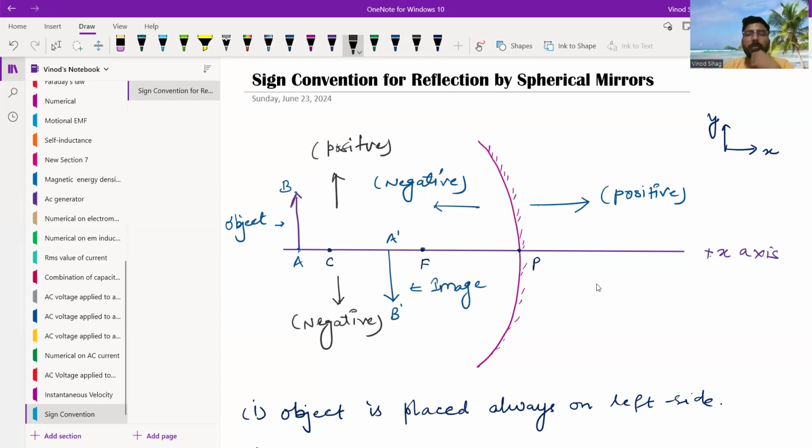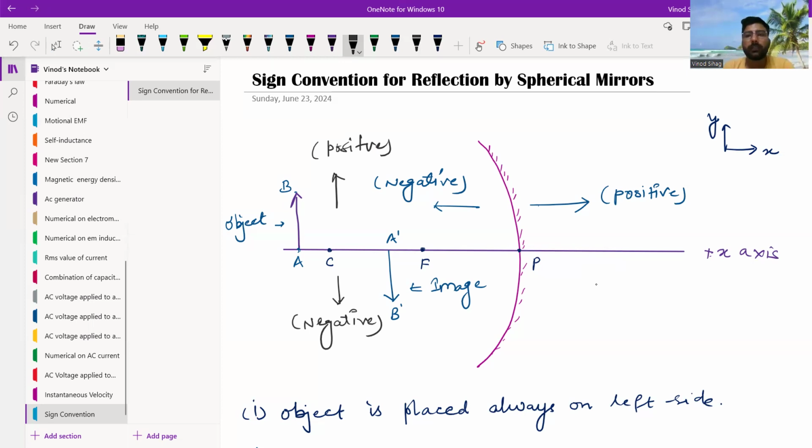And one more thing, when the image is formed above the principal axis, the nature of the image will be called erect. And if the image is formed below the principal axis, it will be called inverted. So that is all about the sign convention for the reflection by spherical mirrors.